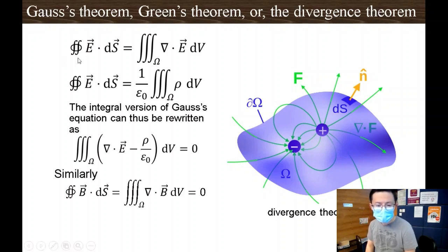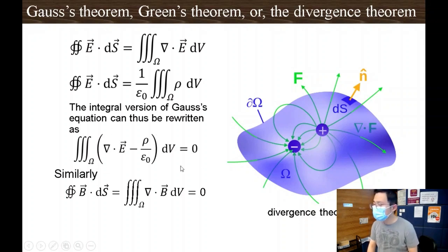If you are given a ball, the outermost shell of this sphere will be your integrating surface. Now if you use this divergence theorem and combine it with the integral version of Maxwell's equation, you can simply equate the right-hand side of both equations, and that gives you this expression over here.